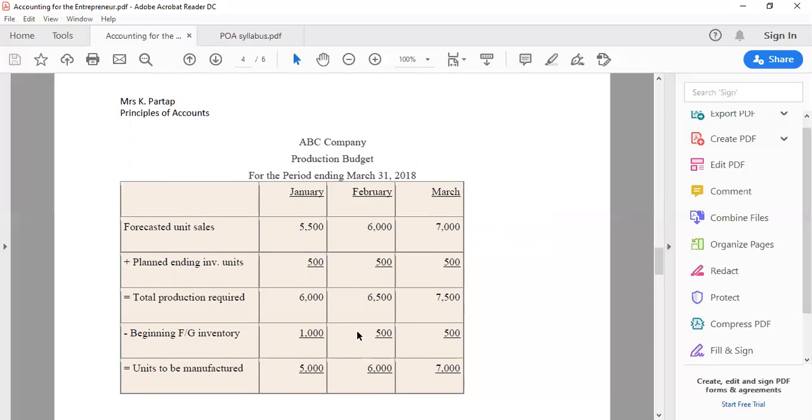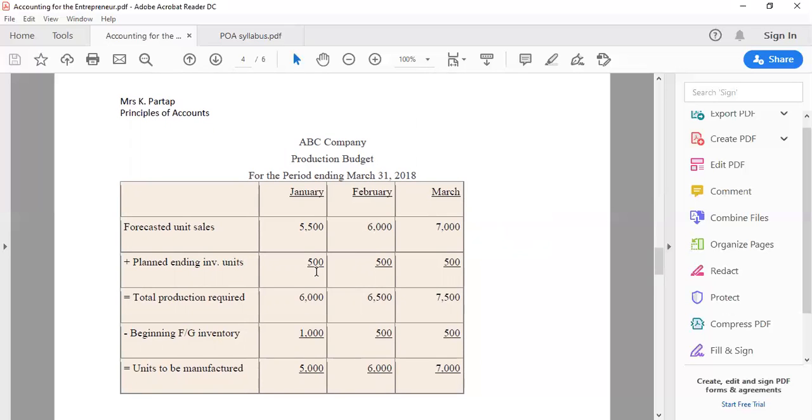To get how much we would have had at the beginning of February, all you have to look at is your ending inventory units from January. So you see in January, we had planned ending inventory units, meaning in January month, we plan to remain with 500. So the beginning inventory for February would be that same 500, right?